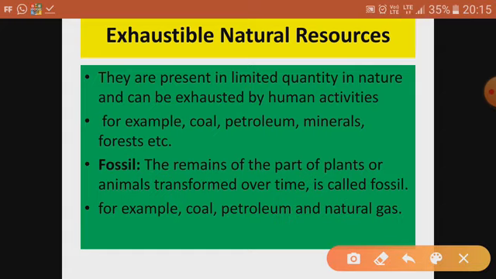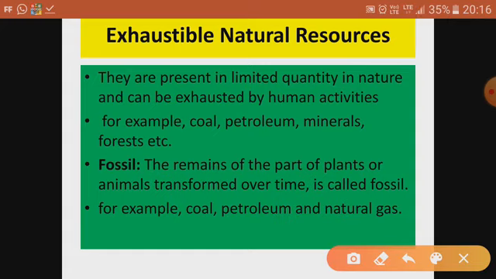If we do not use them properly, there will be a danger of them getting finished up. So we have to take care of this very important phenomenon, that exhaustible natural resources have a danger of getting exhausted because they are present in limited quantity, and in order to protect them we can use inexhaustible natural resources.